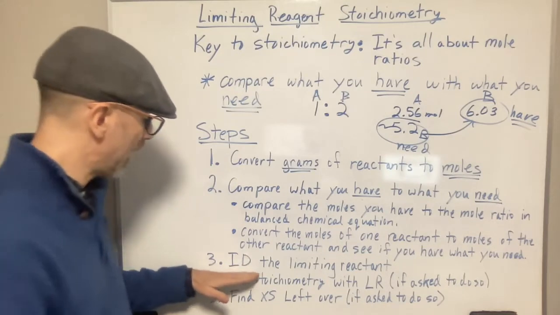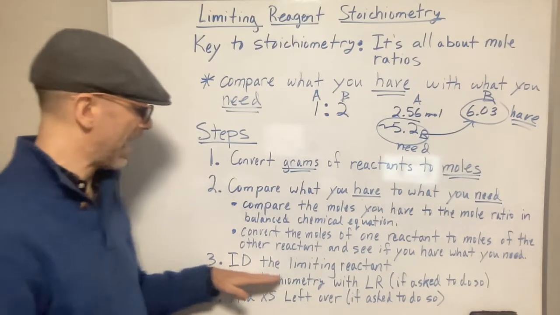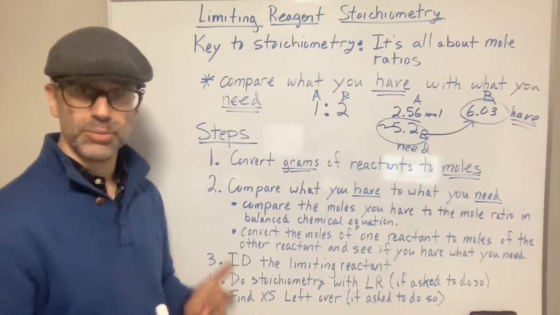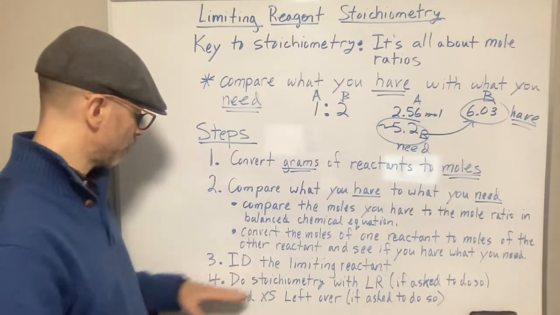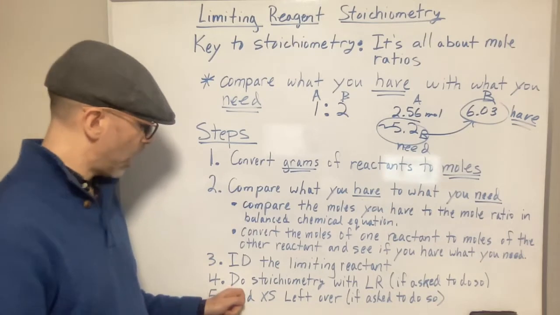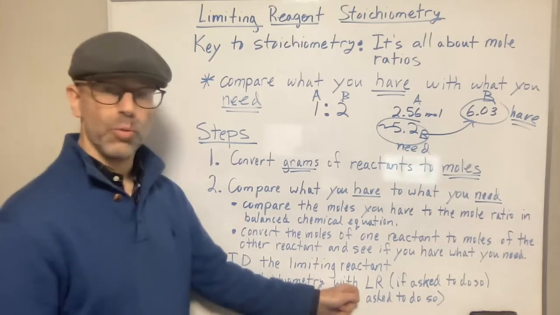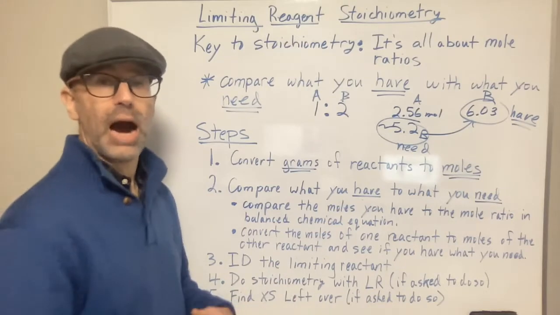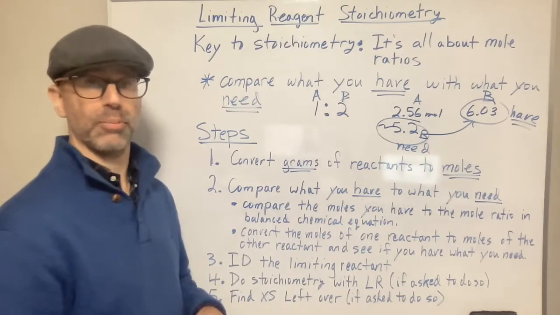Once you have figured out, that's part 3, once you have identified the limiting reactant, then there's a couple of other problems that they could ask, right? After that, they could ask you to do a stoichiometry with the limiting reagent. So they might ask you, okay, how much product can be formed from this reaction?